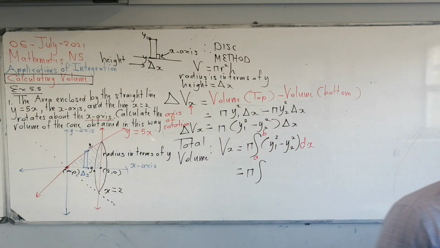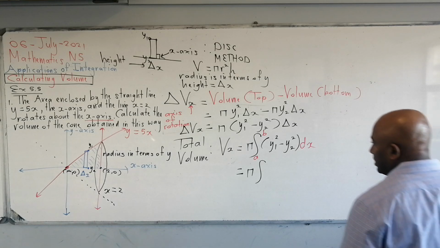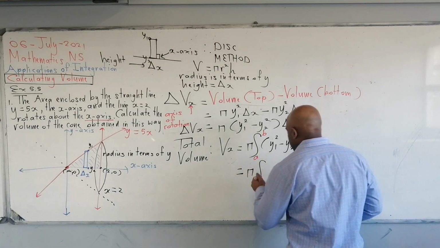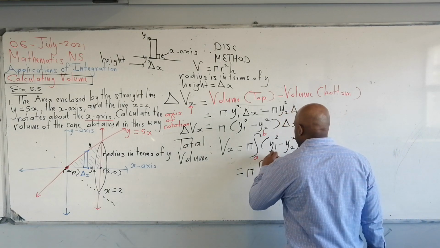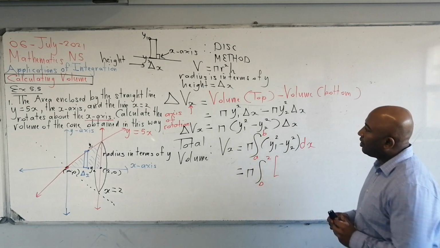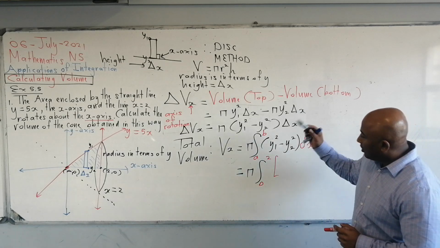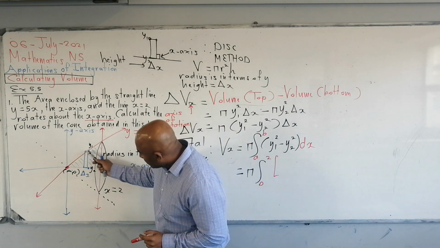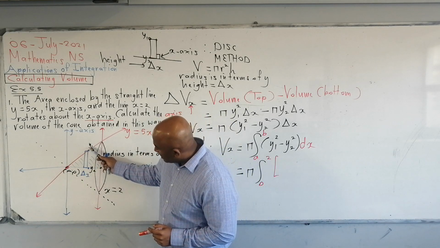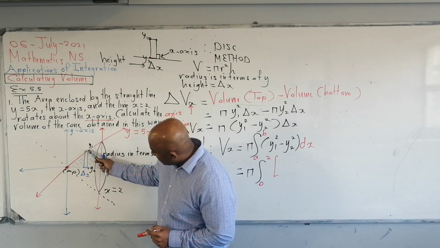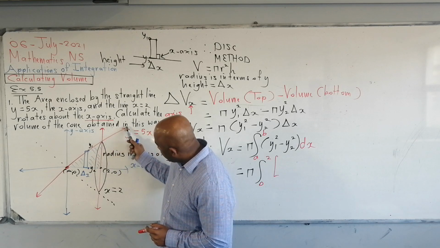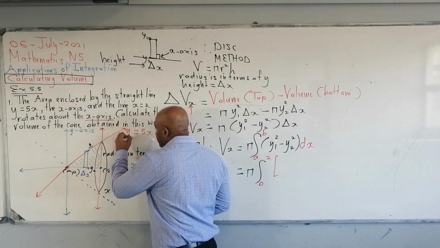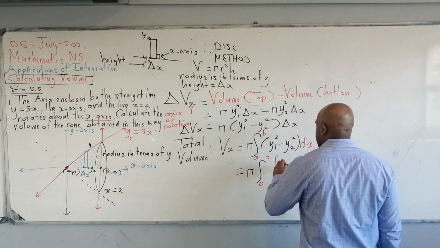So take note of the beginning and the end of the volume. Now I have my 0 and 2. Now you go to your diagram. What is y1? There's y1 here, it's touching the straight line. So y1 is 5x.